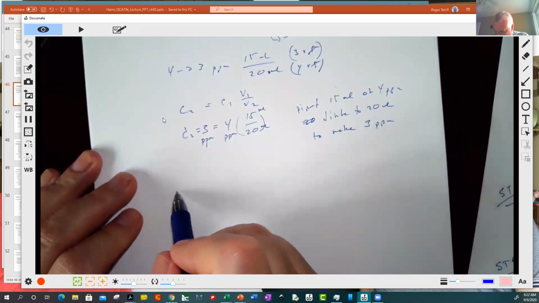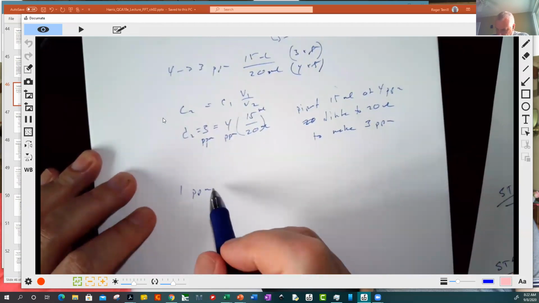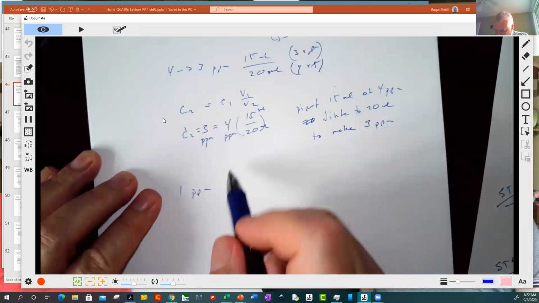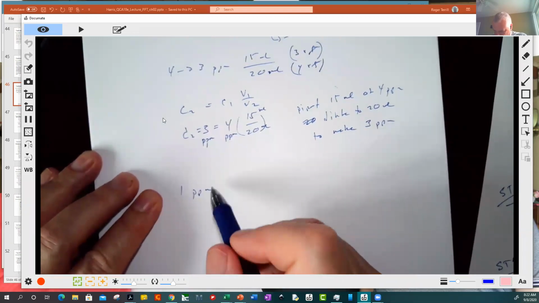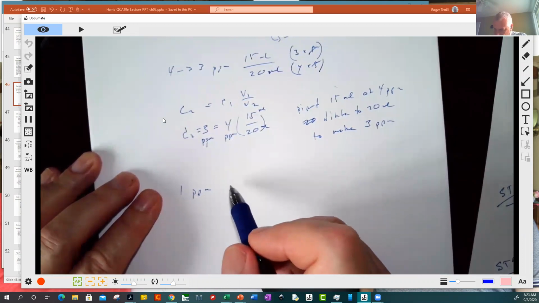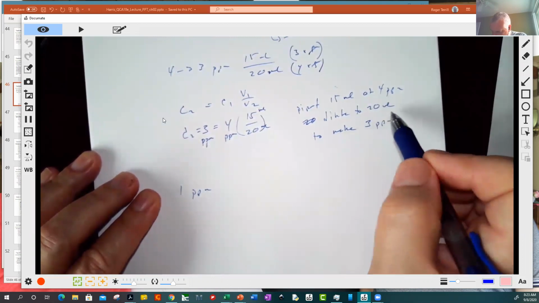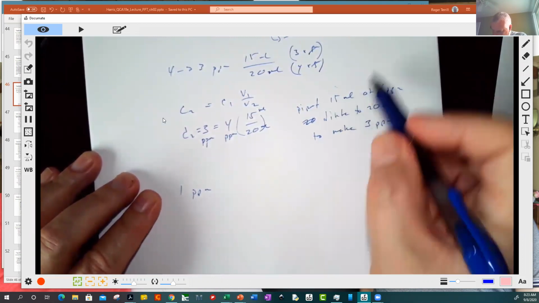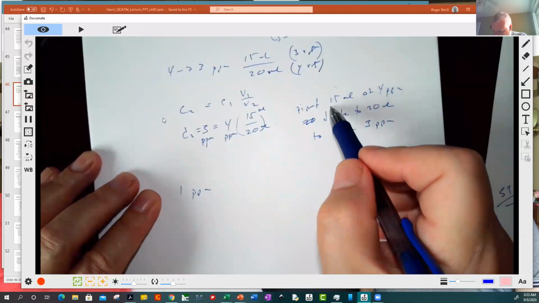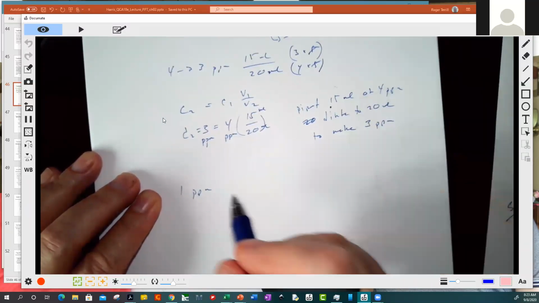Now the next step is to make 1 ppm. And this is a 1 to 3, right, which is pretty awkward. And so what we can do is we can start with the 4, right, because we still have 80 minus 15 is 65 mLs or so.